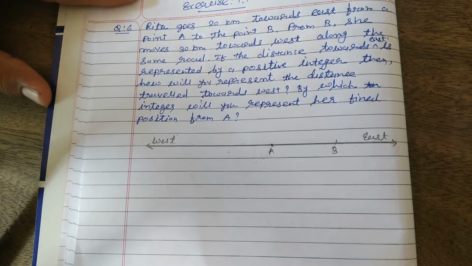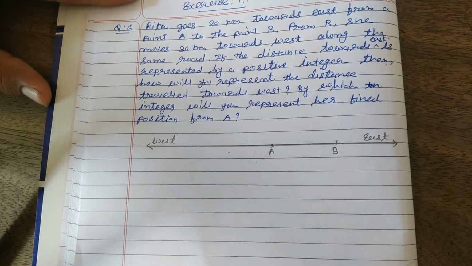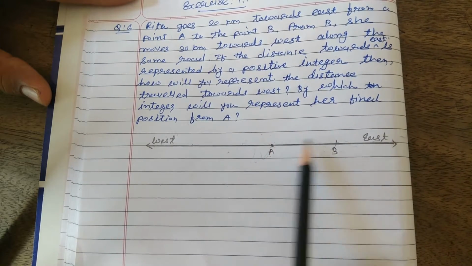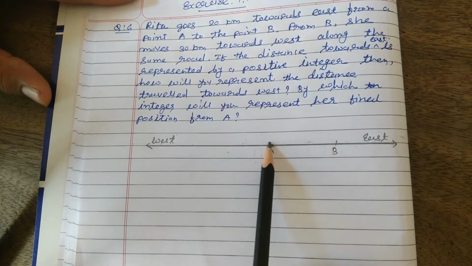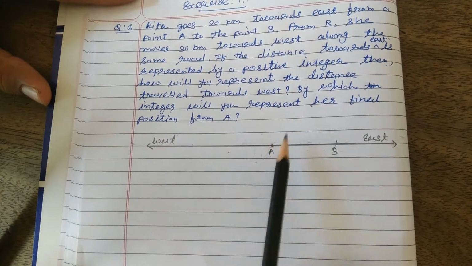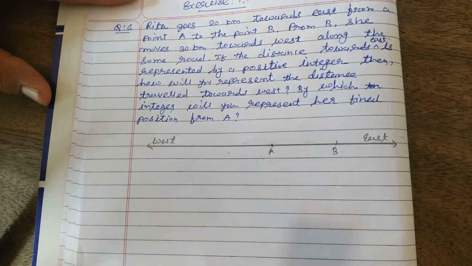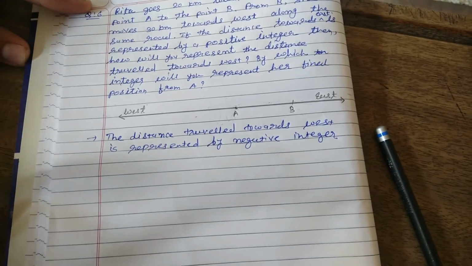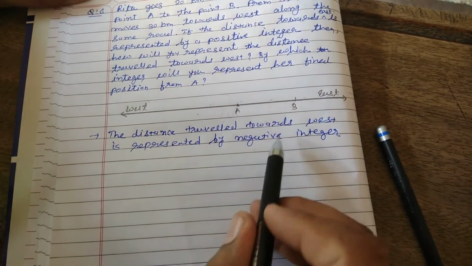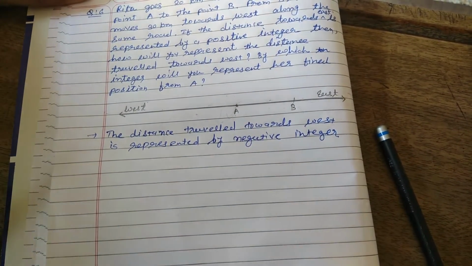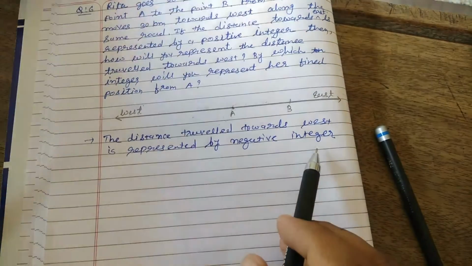If we go towards left side, negative integers come. Here from point A, if we go towards east side, it is represented by positive integer. Then from point A, if we go towards west, that means Rita goes towards west, it is represented by negative integer. So therefore the distance traveled towards west is represented by negative integer, is the answer of our first question.